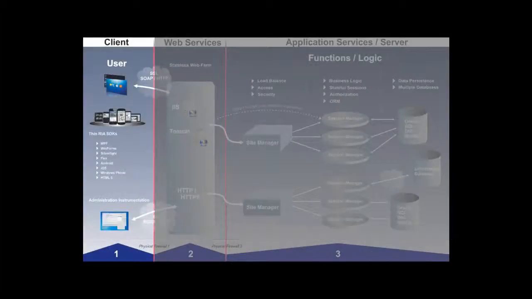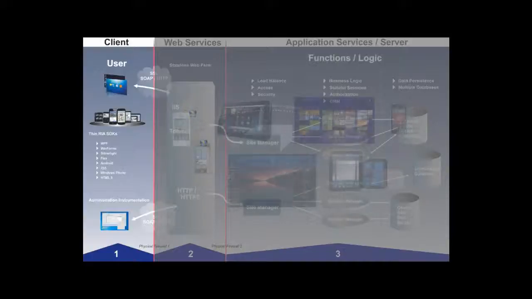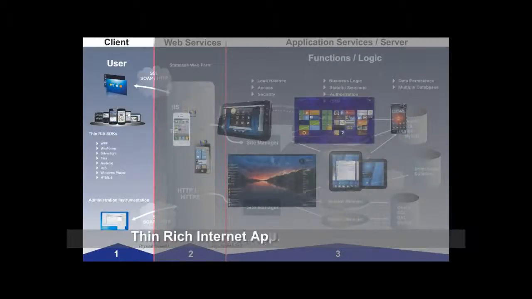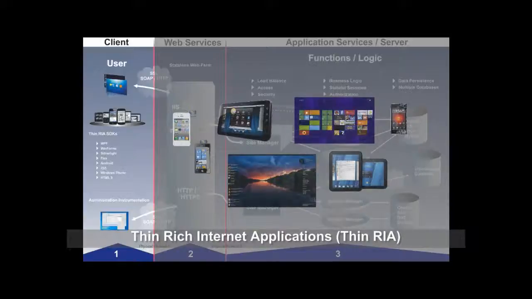The client tier is a rich, native, yet thin application that is designed solely to display the results of communication with the server. No application logic runs on the client, nor is any state managed or maintained on the client. These thin, rich, and native application clients, called thin RIA clients, are not generated from the server or your application logic.